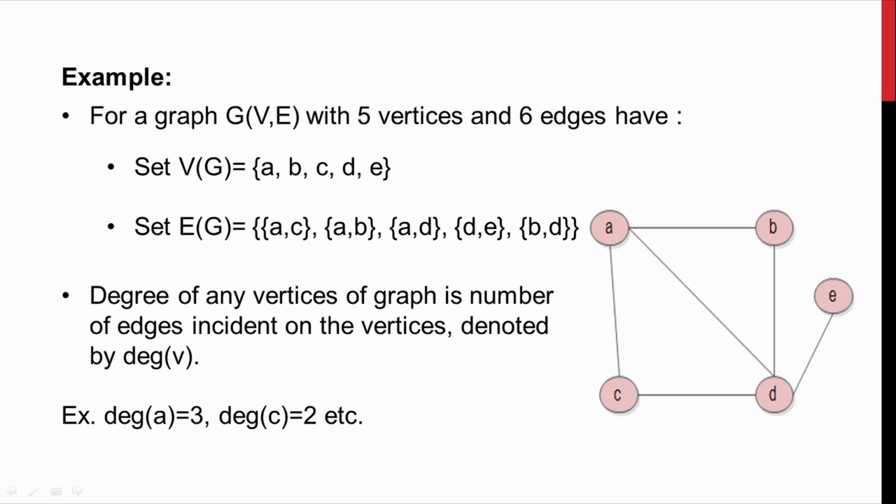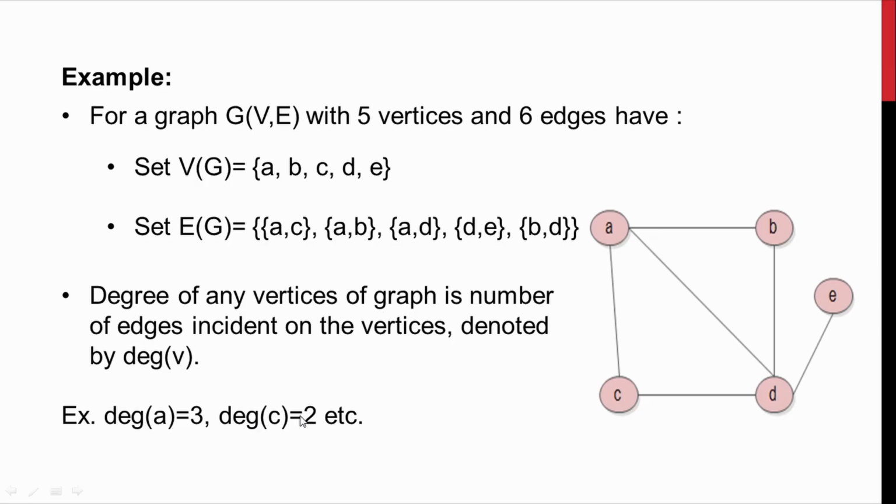The degree of a vertex of a graph is the number of edges that are incident to the vertex. So in this example, the degree of A is equal to 3. That means 3 edges are incident to vertex A: 1, 2 and 3.